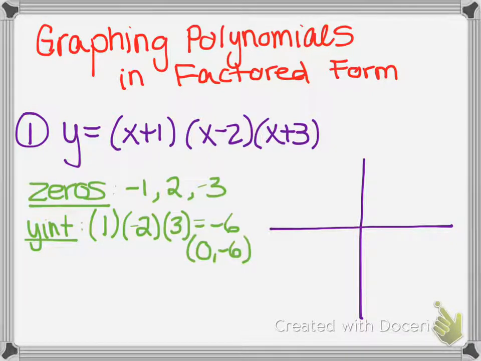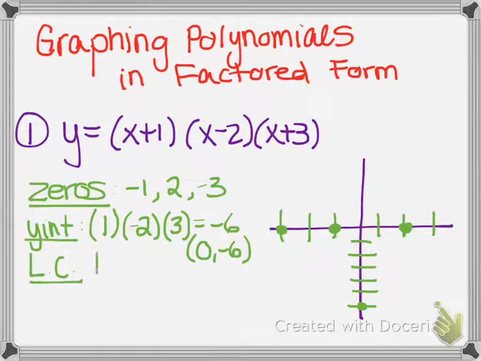So now I'm going to start to graph. I know that I have a zero at -1, -3, and 2. I also know, since I just figured out my y-intercept, that it's going to cross the y-axis at -6. So next we're going to look at the leading coefficient.